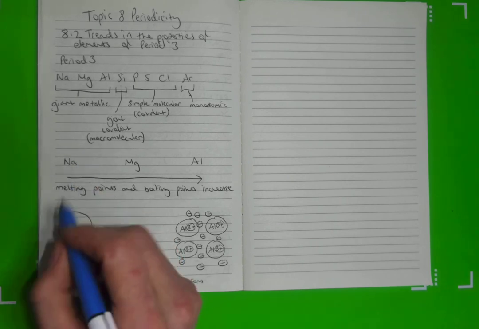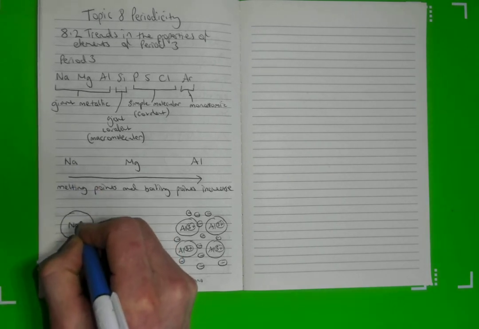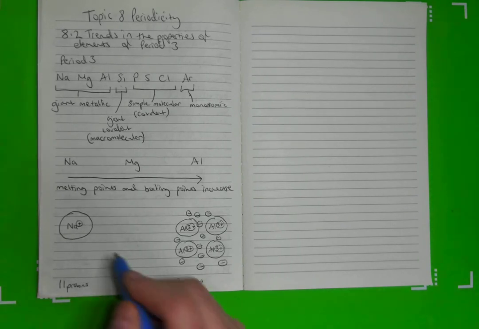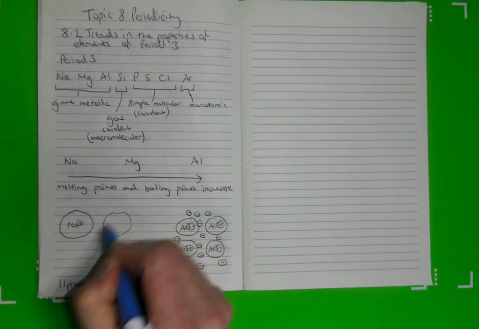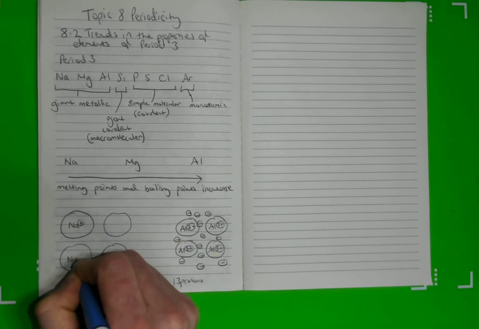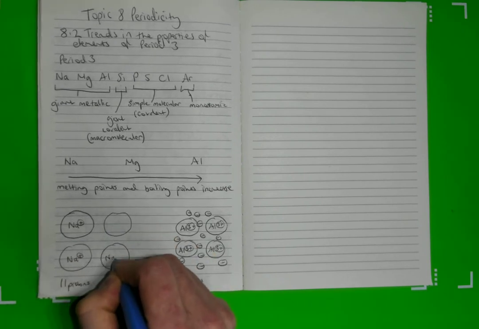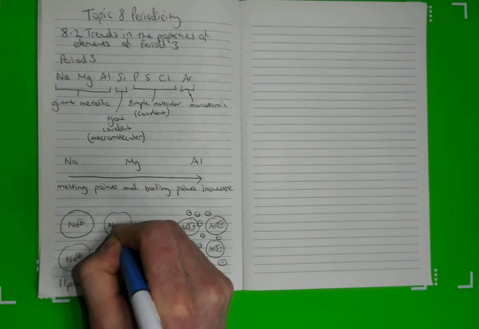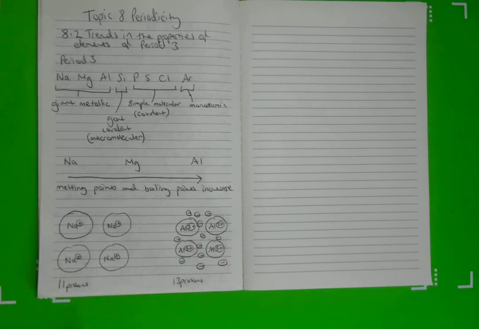Let's not forget as well that this time I've only got a 1+ charge. I'm still going to draw 4 ions though. Okay, this time I need to write down the appropriate number of delocalized electrons. That's 1 for each of these ions.